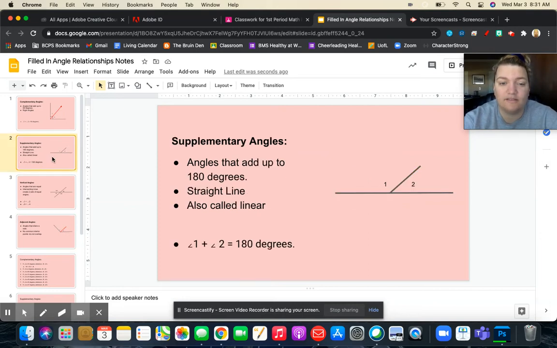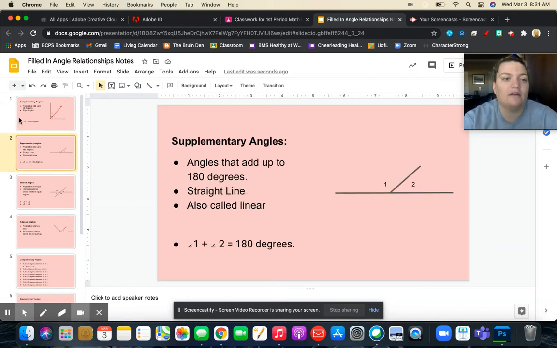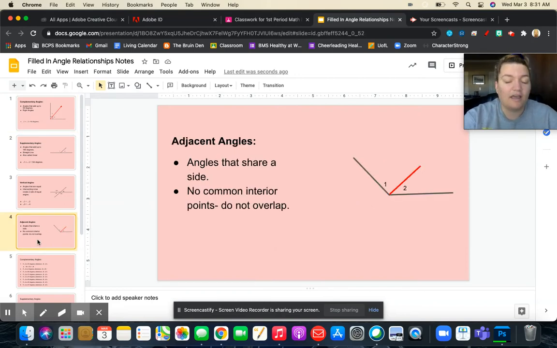Supplementary angles follow the same suit as well. They share a side length, but they're also supplementary. That's more specific than just saying, oh yeah, they share a side. Supplementary says, oh yeah, they share a side, and they equal 180 degrees. So if they're supplementary, we call them that. If they're complementary, we call them that. If they are adjacent and nothing else, that's when we say, oh yeah, this is an adjacent angle.